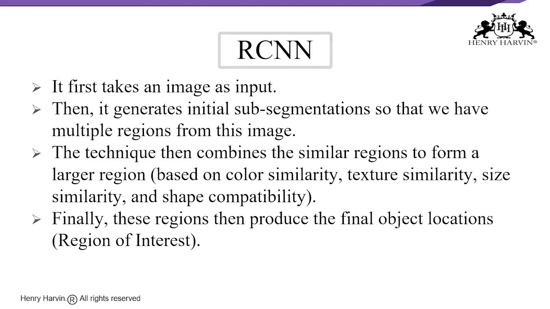It combines them based on color similarity, texture similarity, size similarity, or shape compatibility. Based upon the similarities, they are combined to form a larger region. Finally, it produces the final object locations, which is nothing but the region of interest.